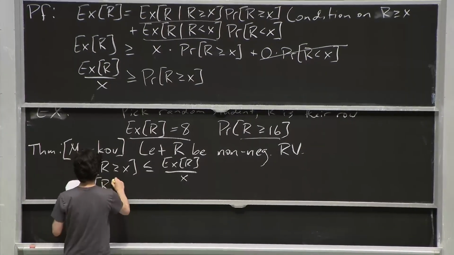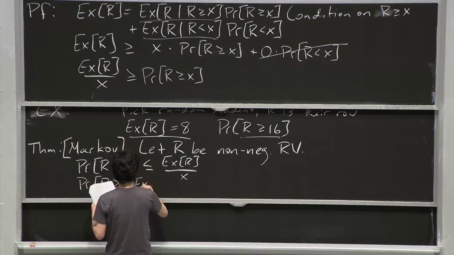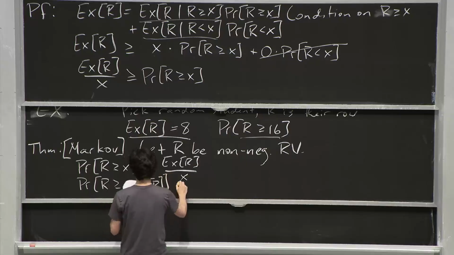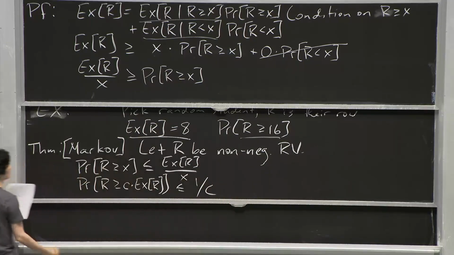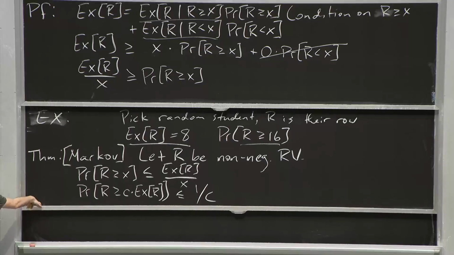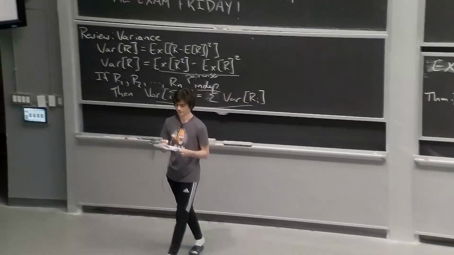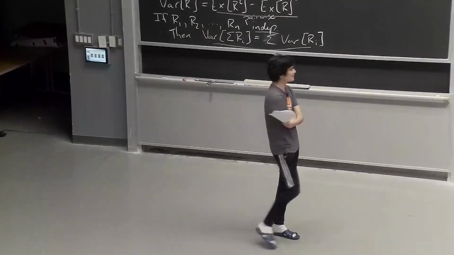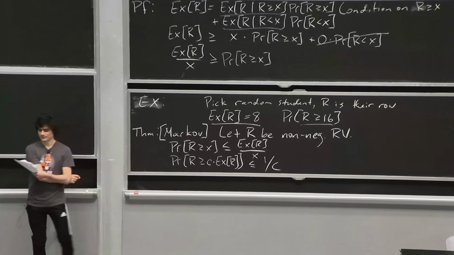The probability that R is at least c times its expectation is at most 1 over c, for any positive c. So essentially an equivalent statement, just, you know, you might sometimes see it in this form instead. Okay?